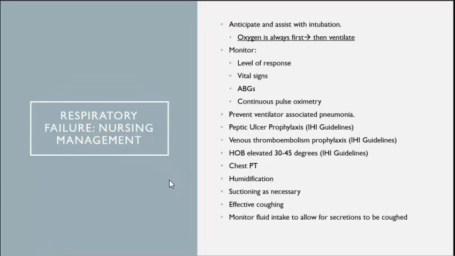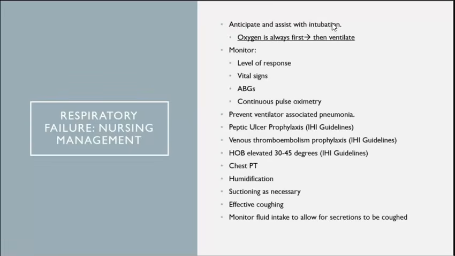Now, our nursing considerations. What is the priority for your patient that is in respiratory failure? Oxygenate. Give them oxygen. Sit them up. Then you're going to monitor their level of response. Make sure you're frequently checking those vital signs. Anticipate that they're going to get intubated, but we don't just jump into intubation.